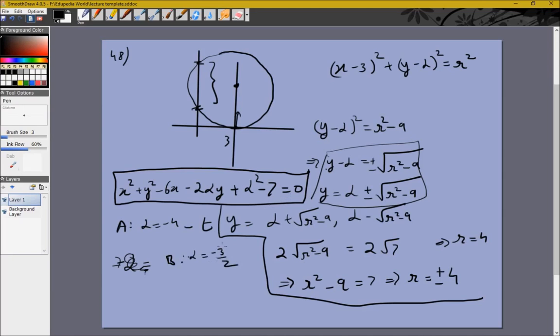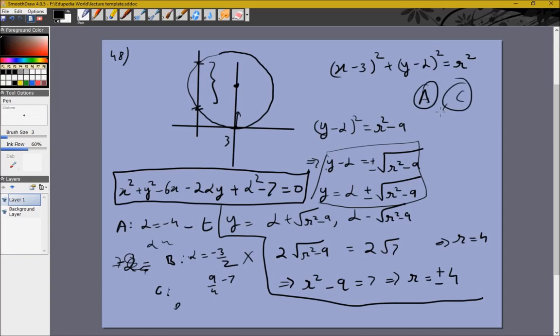Well, if alpha is minus 3 by 2, then alpha squared minus 7 is 9 by 4 minus 7, which is not equal to 9, but this term is given to us as 9. So B is not possible. C similarly is possible because alpha will be 4 and alpha squared minus 7 is still 9, and D is not possible. So the answer will be A and C.